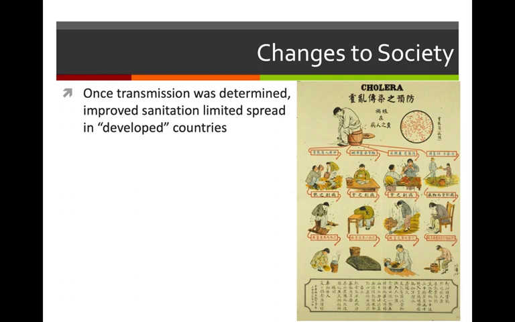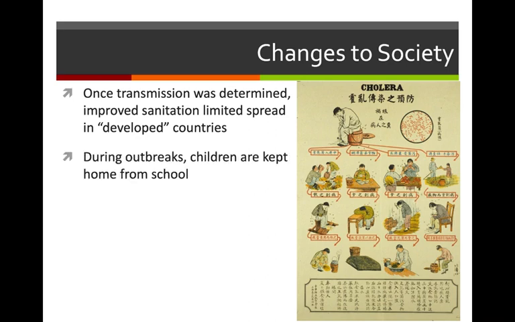The outbreaks of cholera worldwide really helped to drive improved sanitation. Once people knew fecally contaminated water is how we're all getting cholera, improved sanitation helped to limit spread in countries that had the infrastructure to support that type of improved sanitation.